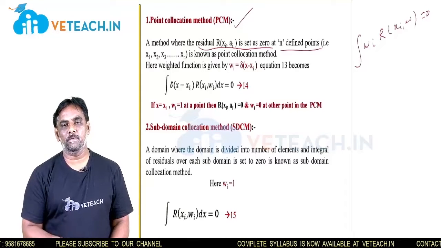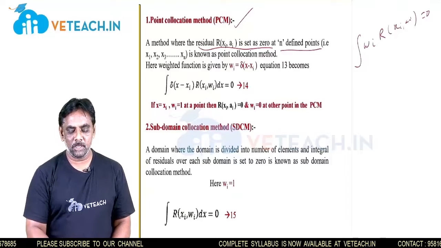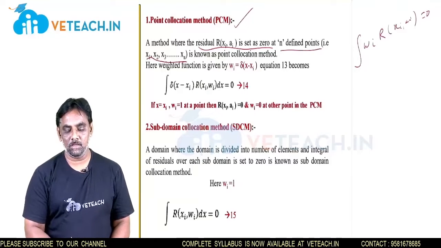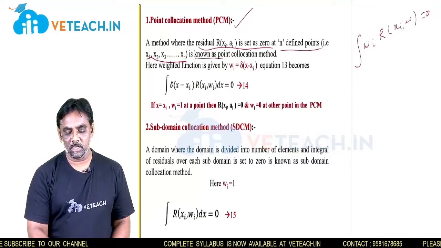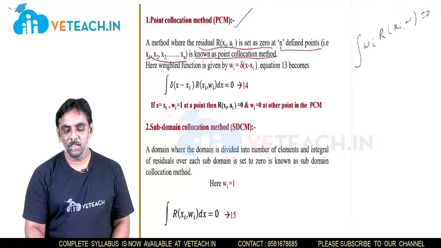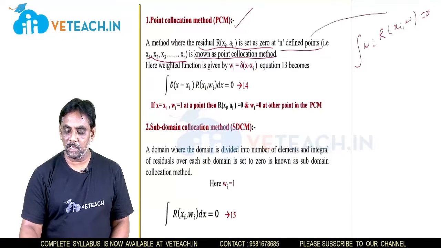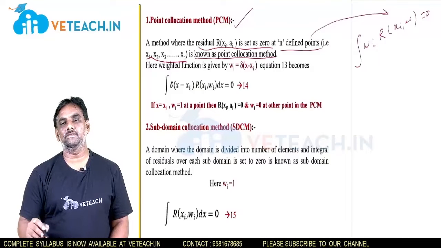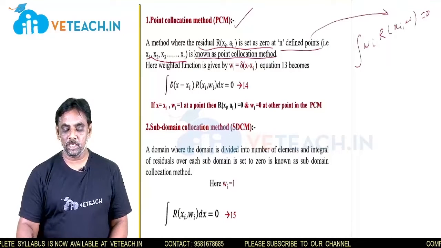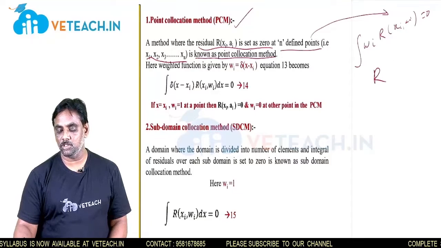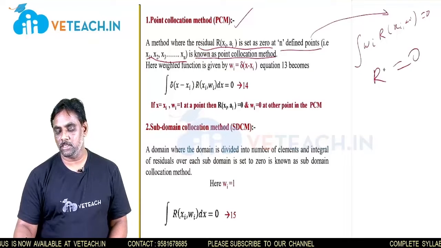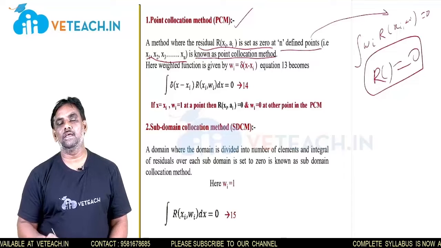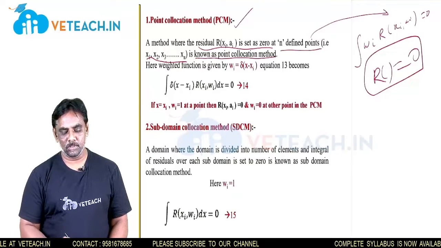We can substitute any point in the domain, for example x1, x2, x3, xn and so on. In this method we can substitute in the equation x equal to x1, x2, x3, the variables in the respective domain, and the residual is set to 0, not the integration, and we calculate the unknown variables.